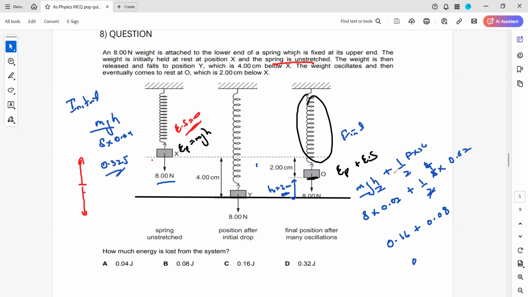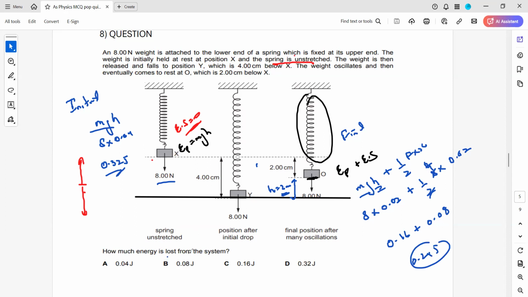So just take the difference of the two energies. Elastic strain energy is force into extension, so 0.02 times 8 divided by 2, that is 0.08. And then it is 0.16. So this is 0.24. So 0.24 joules of energy is the final, and initially it is 0.32.